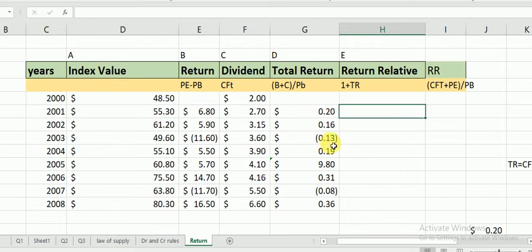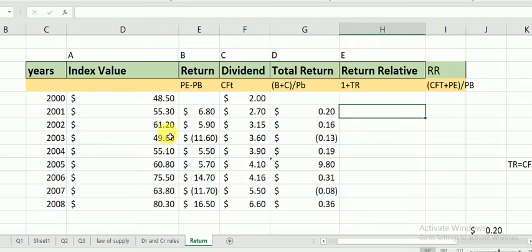This is minus 0.13, which means the current market price depreciated as compared to 2002, because in 2002 the price of the security was 61.20. Now the current market price of that same security is 49.60.